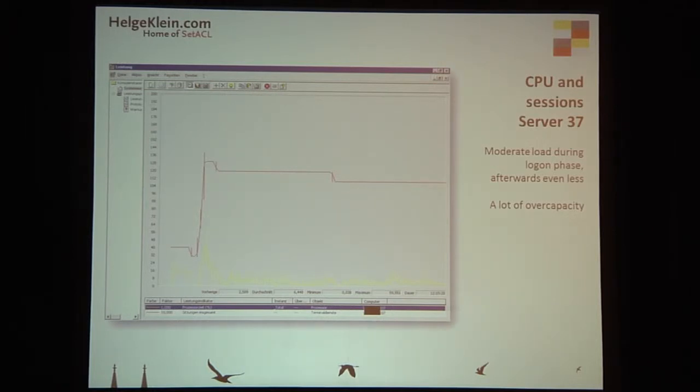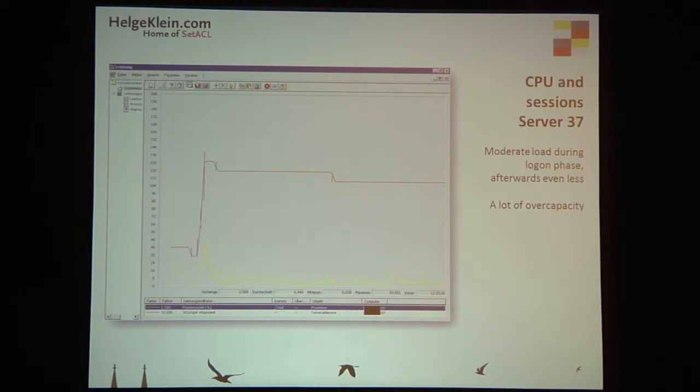So you see, in the beginning people are logging on, so the red graph goes from 4 active sessions to 12 and then settles at 11. As I told you before, that is not very much. Those machines don't have many users on them. And while the users are logging on, we see the yellow line.